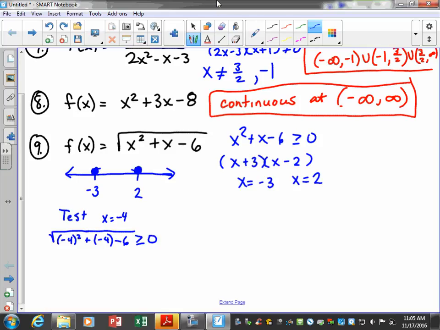So let's simplify that. That's going to just give us 16 minus 4 minus 6, which is what? Square root of 6. Is the square root of 6 greater than or equal to 0? True or false? True. So the region I tested to the left of this mark is true, so I'm going to shade this to the left.